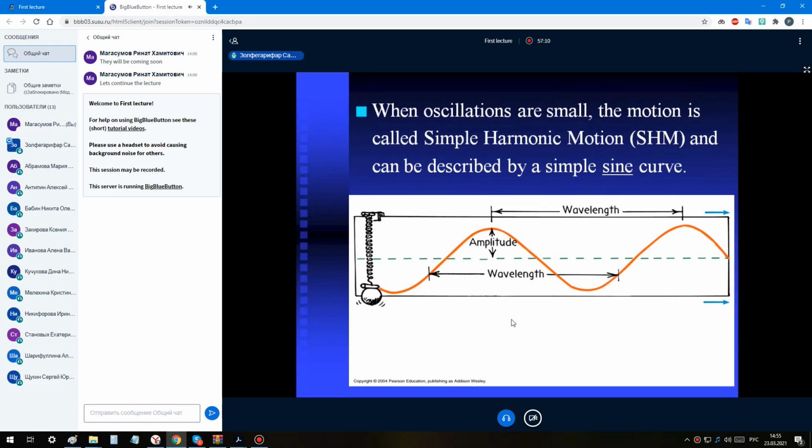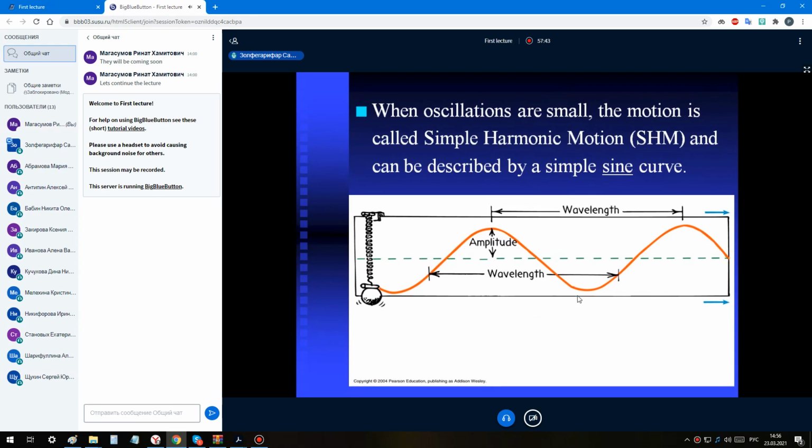We have wavelength and amplitude. Wavelength, shown with lambda, is the distance between two consecutive peaks in the curve.